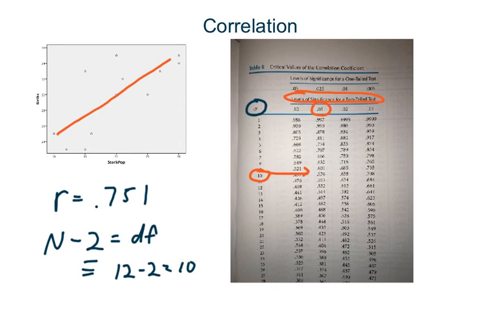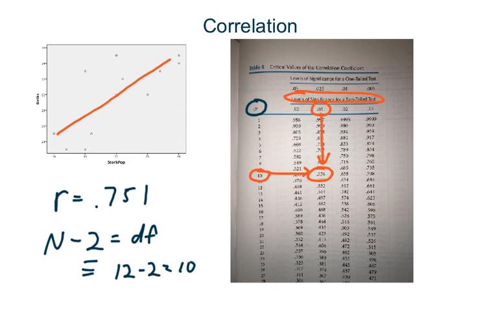We move over from 10 degrees of freedom, move down in that alpha 0.05, and we see that our critical value is 0.576. Just like with t-tests and ANOVA, if our correlation is larger than the critical correlation, then we reject the null hypothesis and we say that this is a significant correlation.